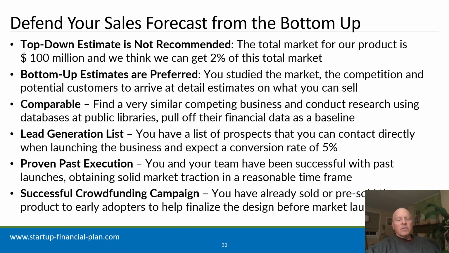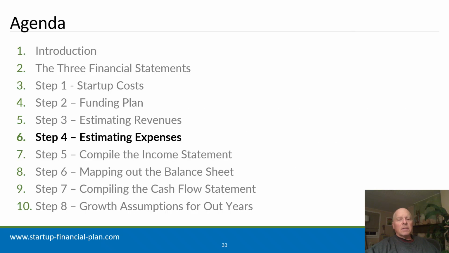Maybe you have a successful crowdfunding campaign that you've already launched and you perfected the design of the product. I need some proof points that defend the sales forecast I want you to put into the business plan, so that when the person gets to the financial plan, they're more comfortable with it, okay? So this is some of the things I want you to put into your business plan so I have a defensible sales forecast.